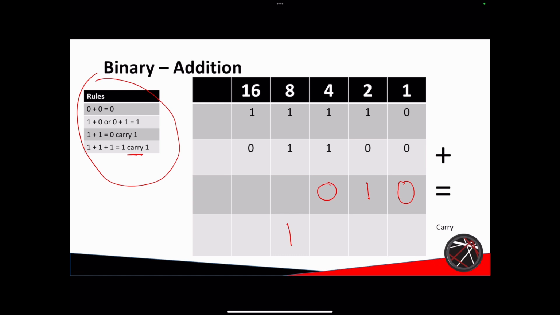So in other words, you can see how it's been passed into the next column, so therefore can be calculated. And what we've now got, though, is this 1 plus 1 plus 1 scenario. So in that case, it will be a 1 with a carry. Now we've got a 1 plus a 1, which is therefore our 0 with a carry.